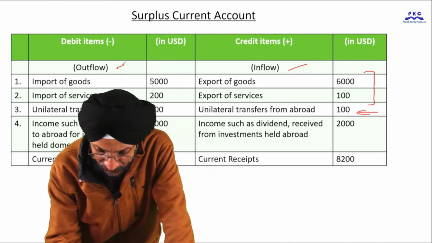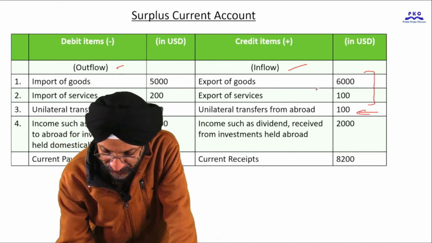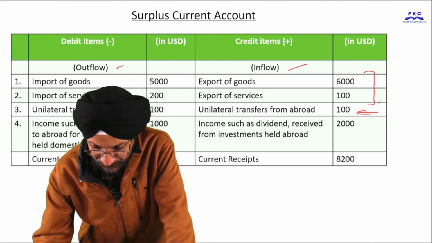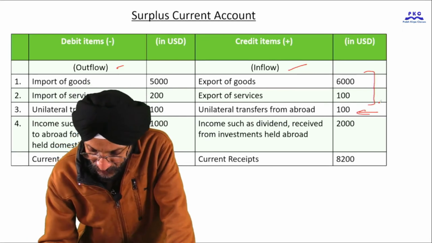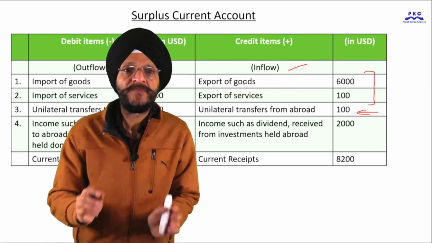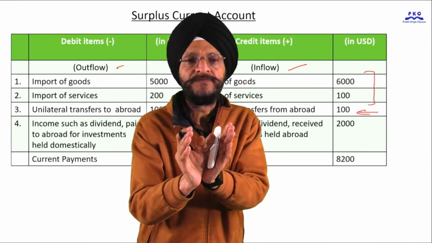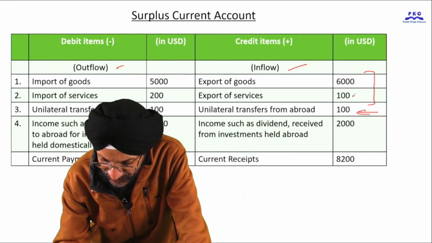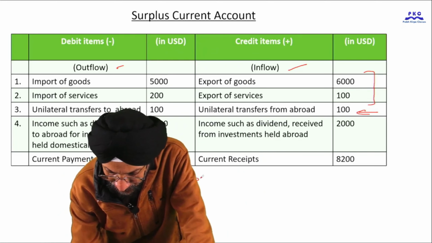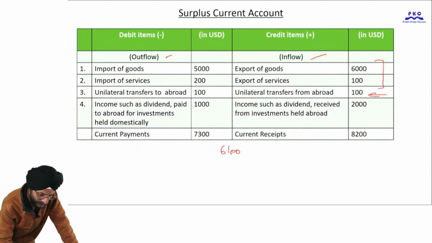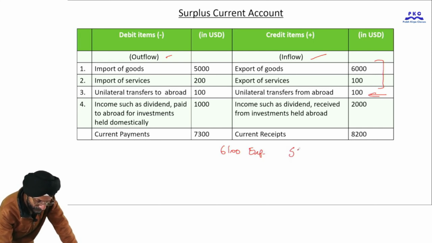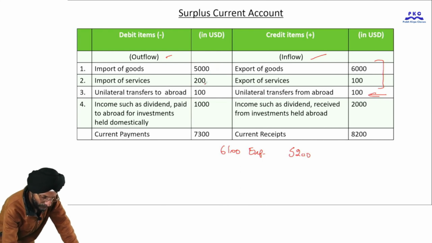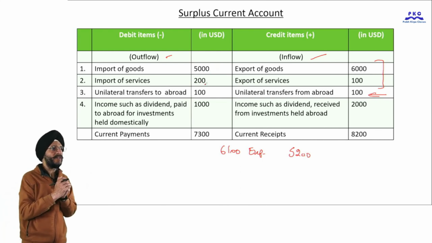Now what we observe from these figures: what is the total of exports? It is 6,100. This is export. What is import? It is 5,000 plus 200, 5,200 import.